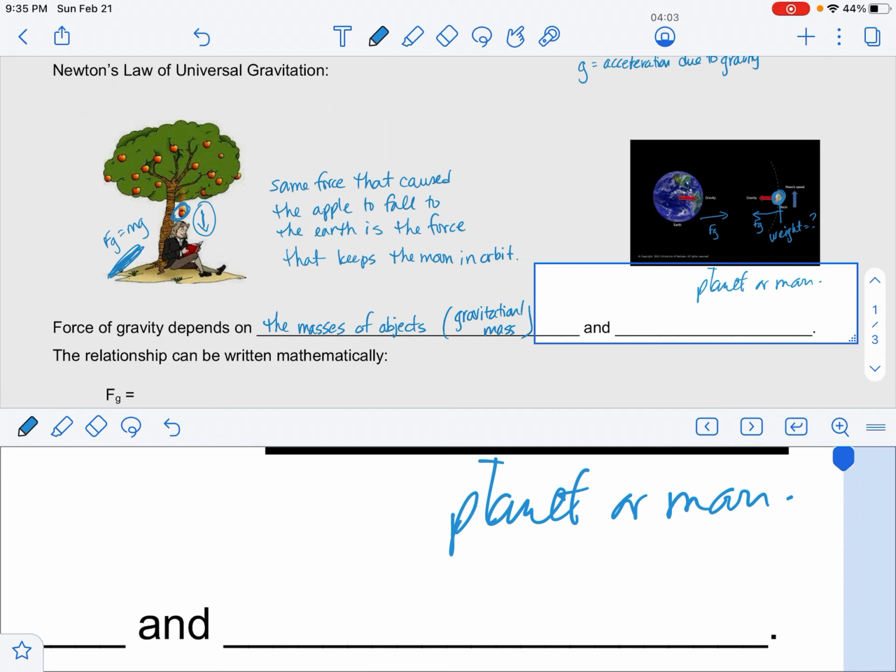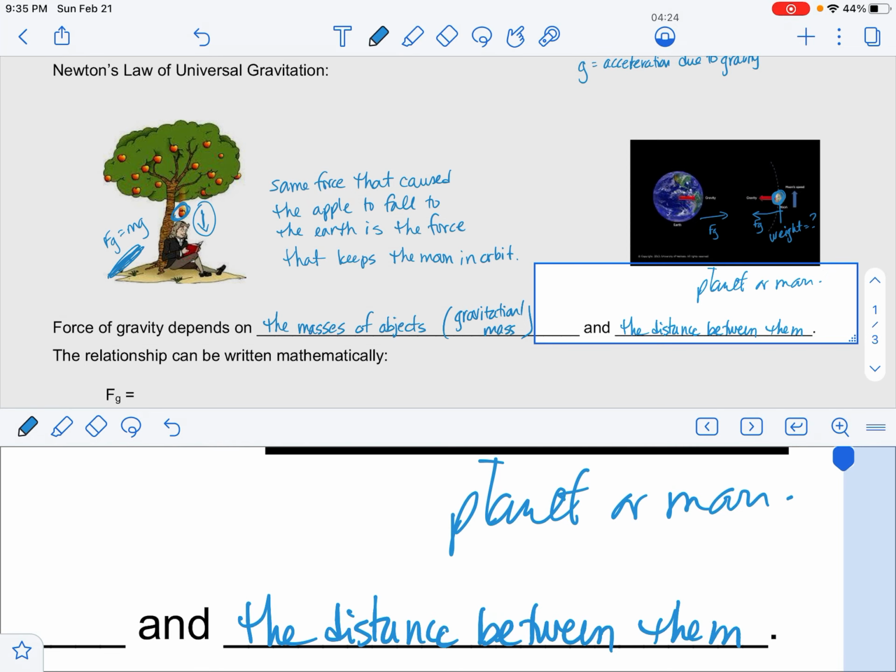And, this might be logical to you, it also depends on how far apart they are, the distance between them. As it probably makes sense to you, the closer two things are, the bigger the gravitational force is. The further apart they are, the smaller it is.